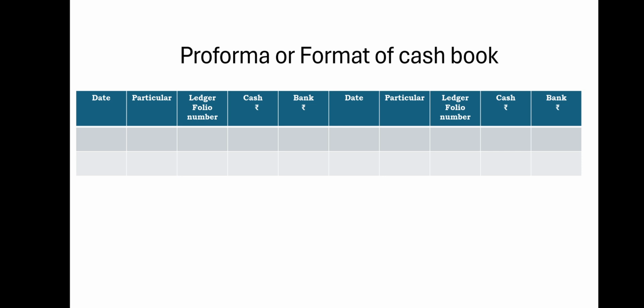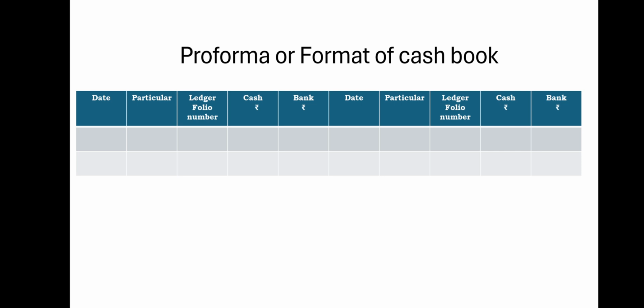So, in particulars, we write down the transactions. The third column we have is the ledger folio number. It is a reference to see where the accounts shown in the cash book will be written in the ledger. So when we start making the ledger, we have to put their numbers in the cash book ledger folio number column.